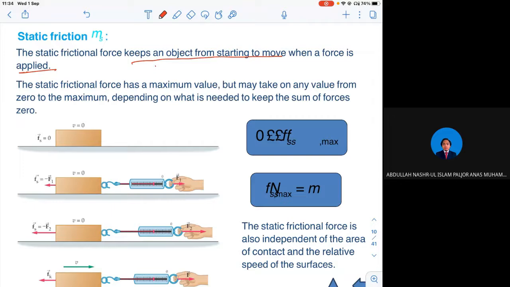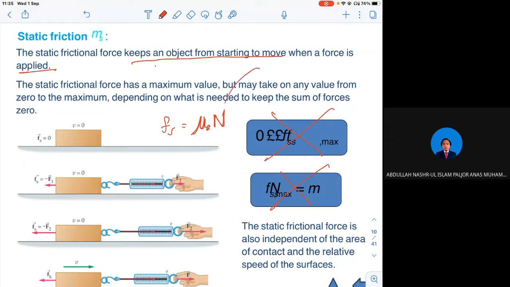So the equation for the static friction will be Fs equals mu s kali dengan n.